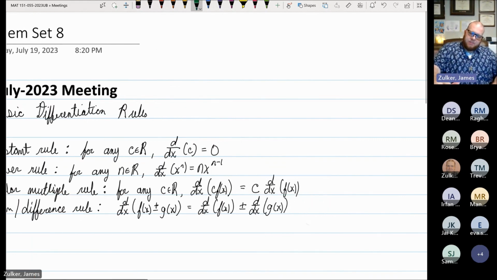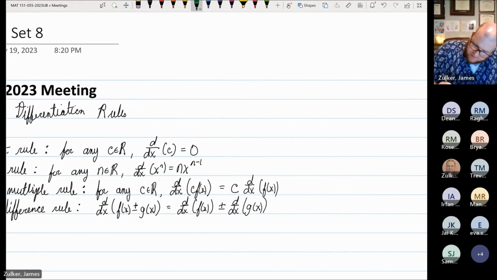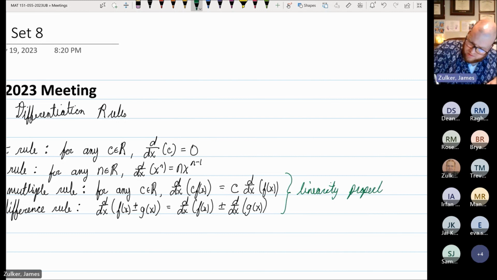Just as a side, the last two, the scalar multiple and the sum difference, are called linearity properties.